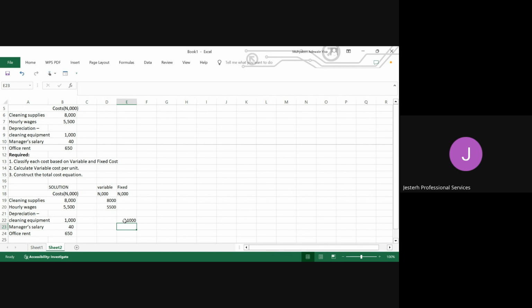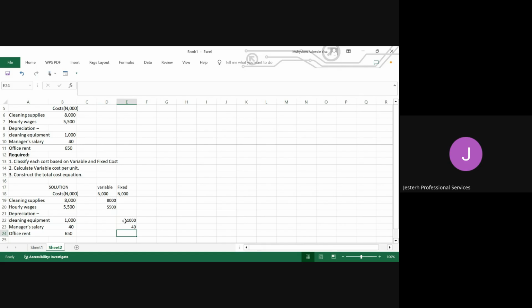Whether the organization sells or does not sell, they are going to pay the manager because they employ them. In this aspect, his salary is fixed for a period of time.